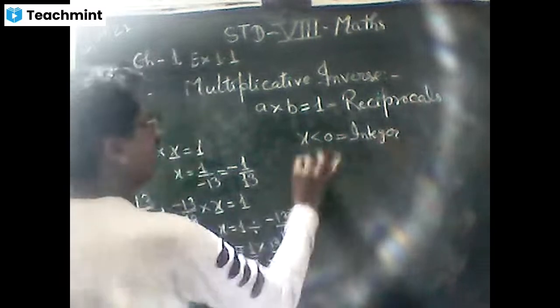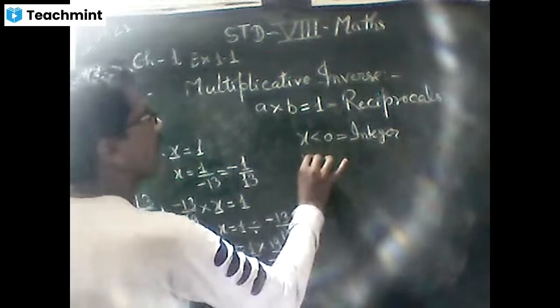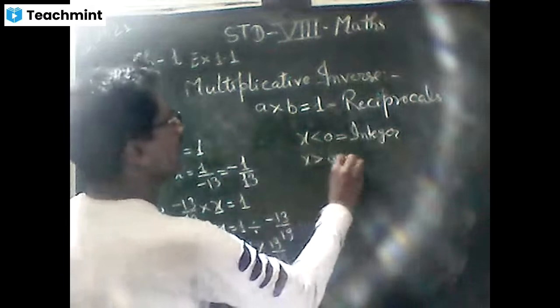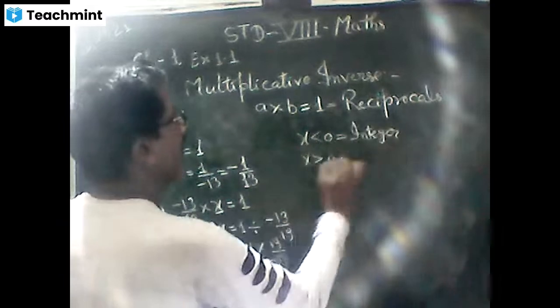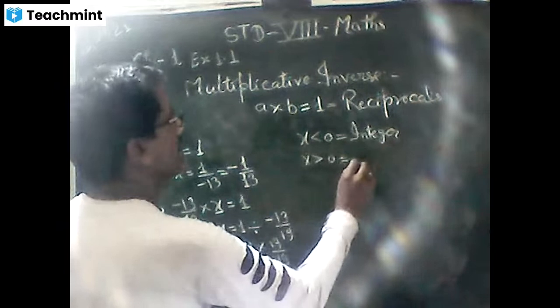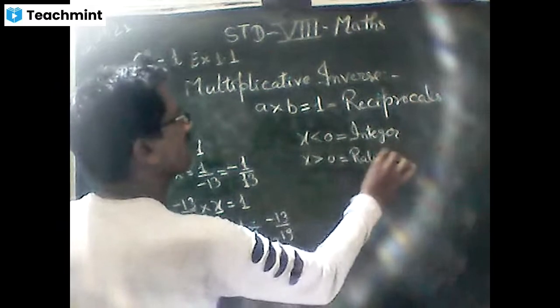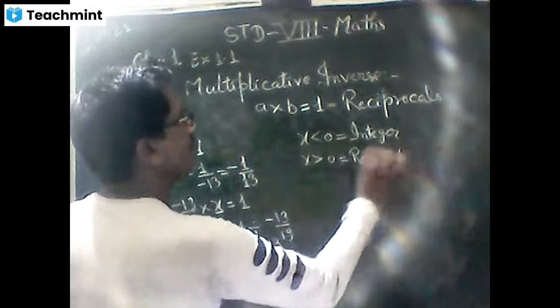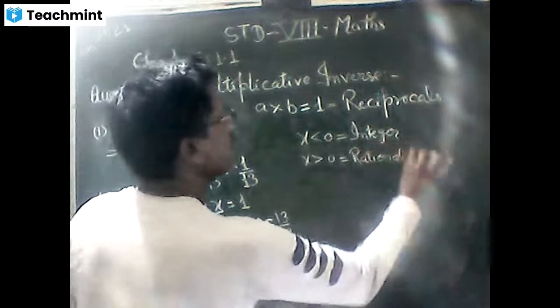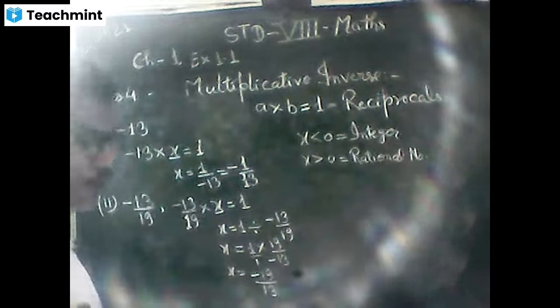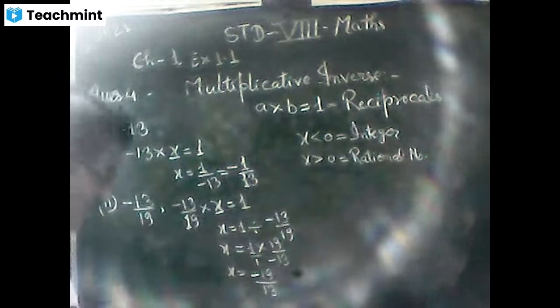And if our x is greater than 0, then we have to find our multiplicative inverse in rational numbers. We can say rational number as our fractional number. So we have to care for this.